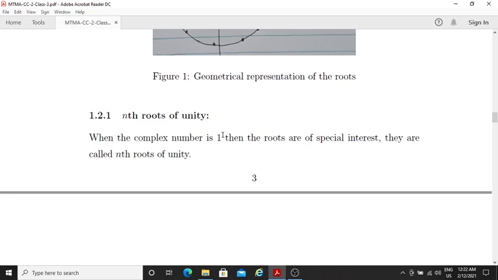So the nth roots of 1 are really of special interest. Next we will discuss the nth roots of the number 1.